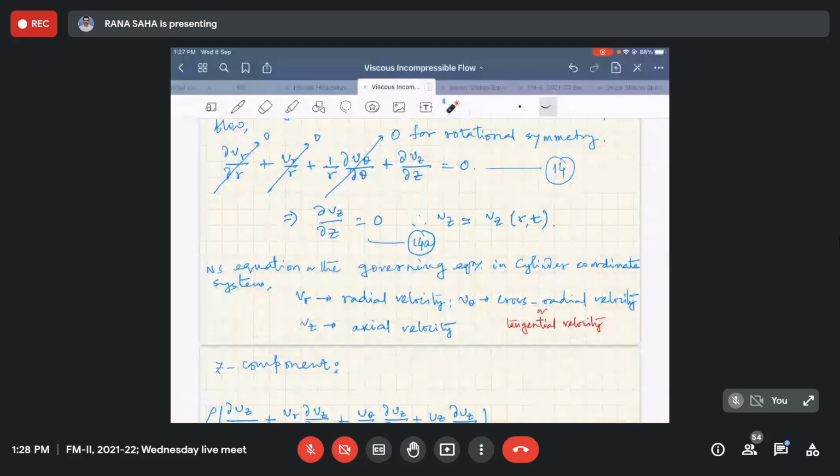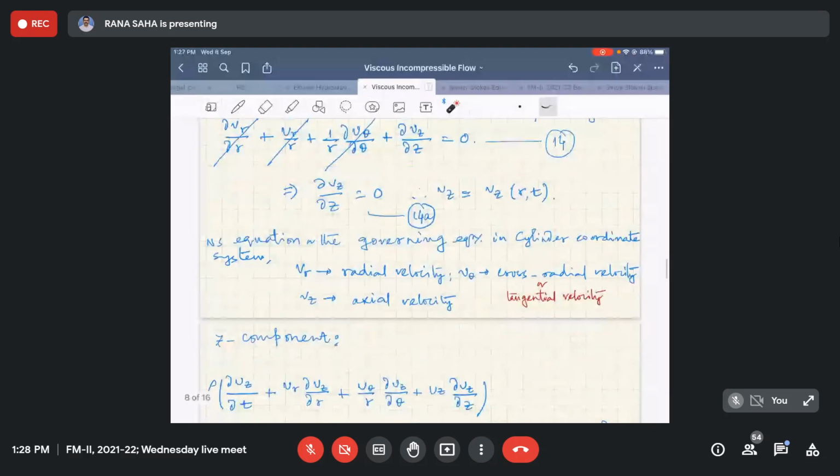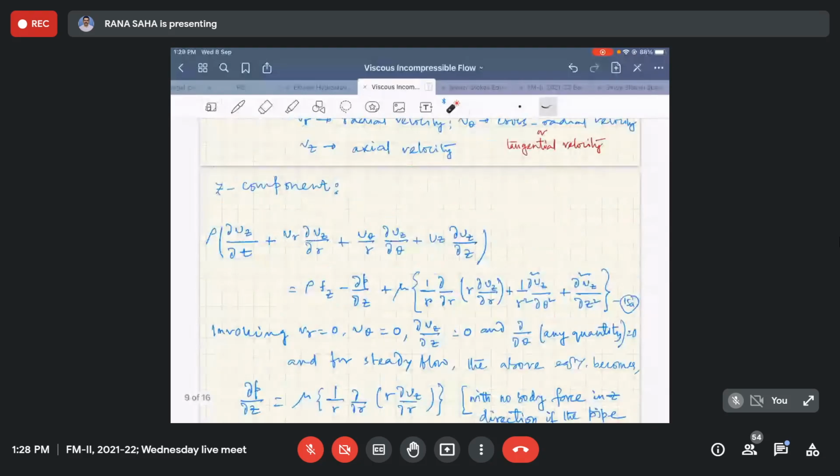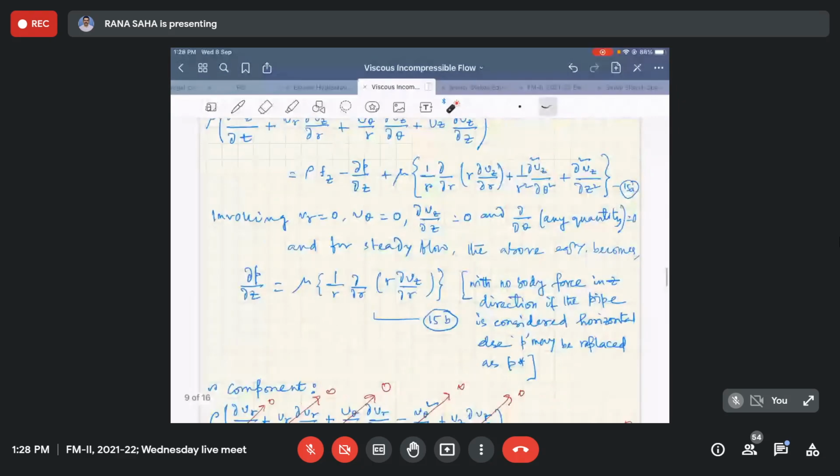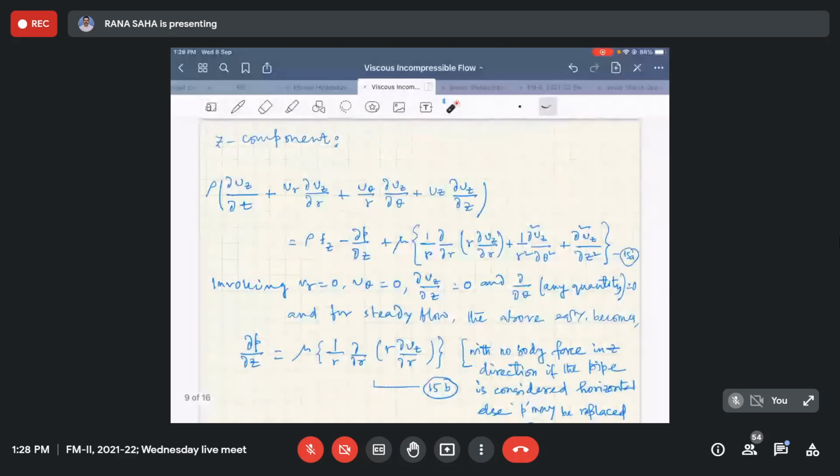So that if you invoke this Navier-Stokes equation, the z component first, I have done. Because this actually is going to give us the main equation for this incompressible flow or pipe flow.